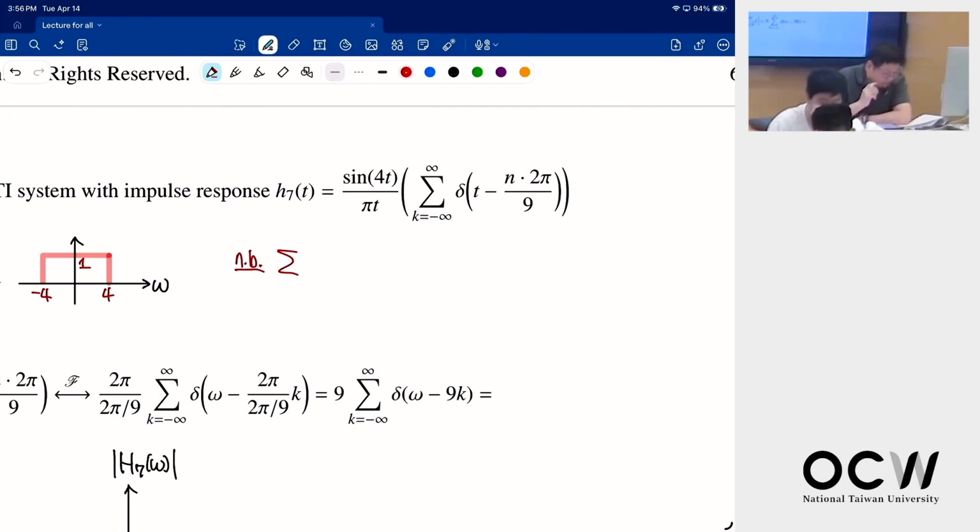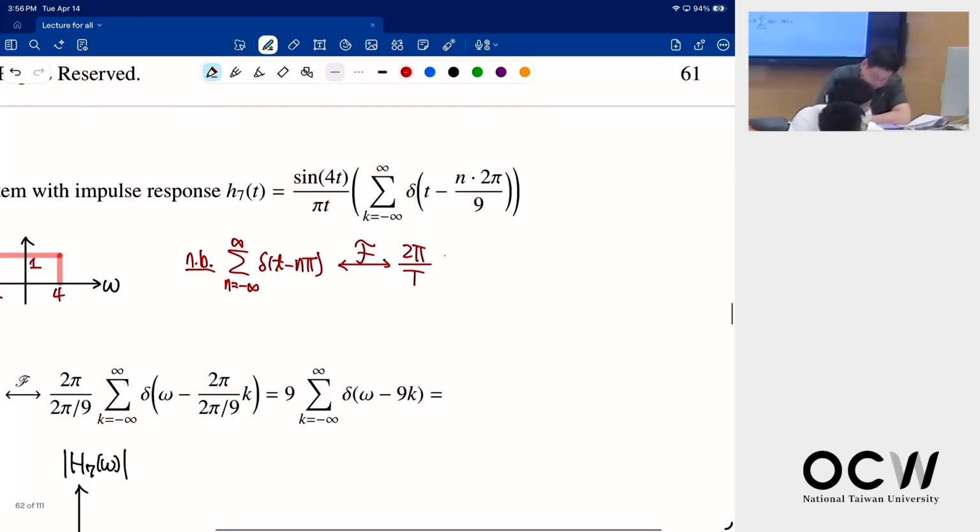For the pulse train, the Fourier transform is still a pulse train, but they have a different width and the magnitude.